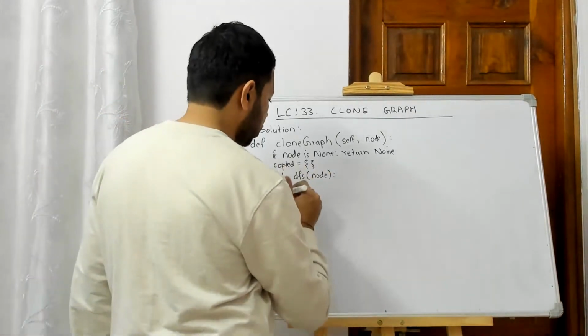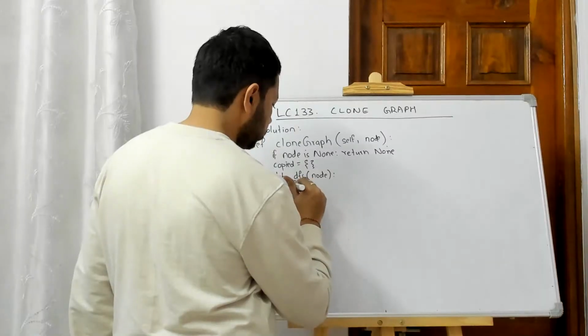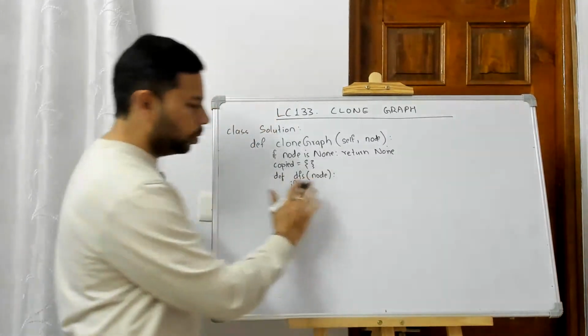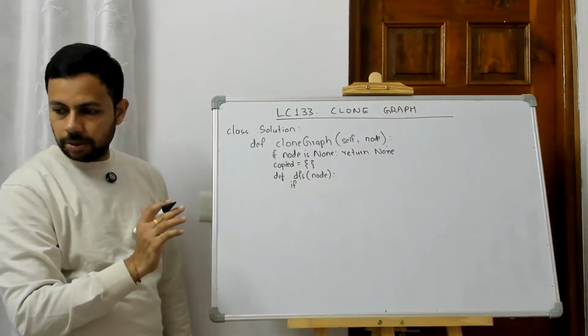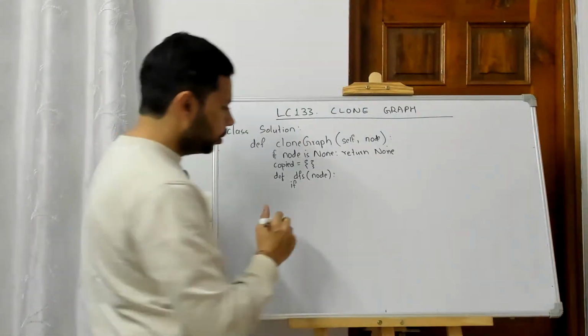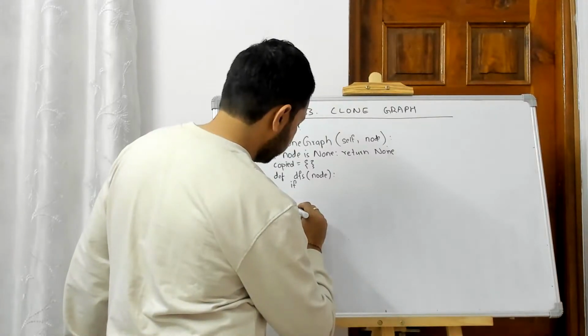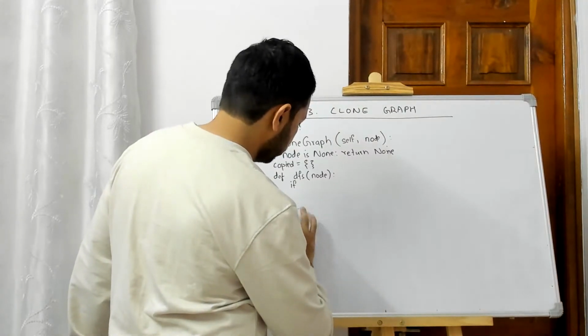If this node isn't copied, you return it. I'll come to this bit later. Then if this node is not being copied so far, you create a clone of it. So you just call it clone.